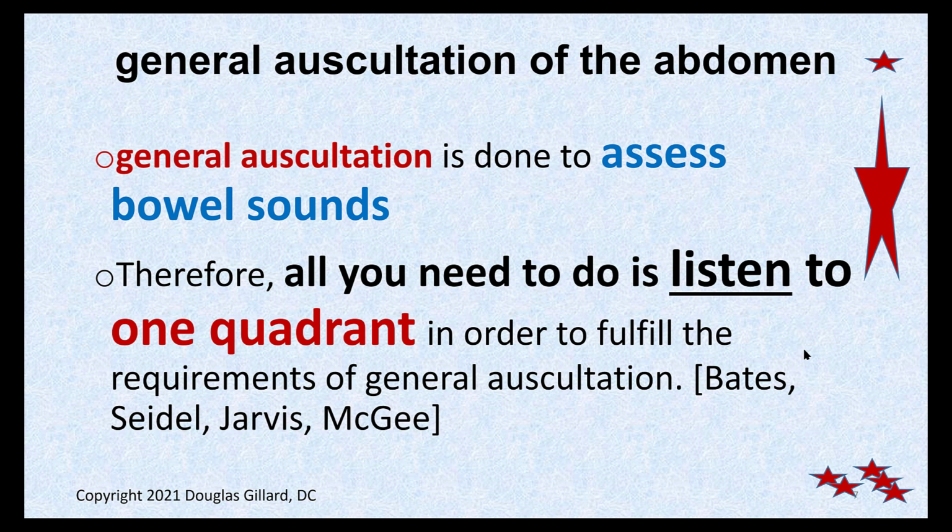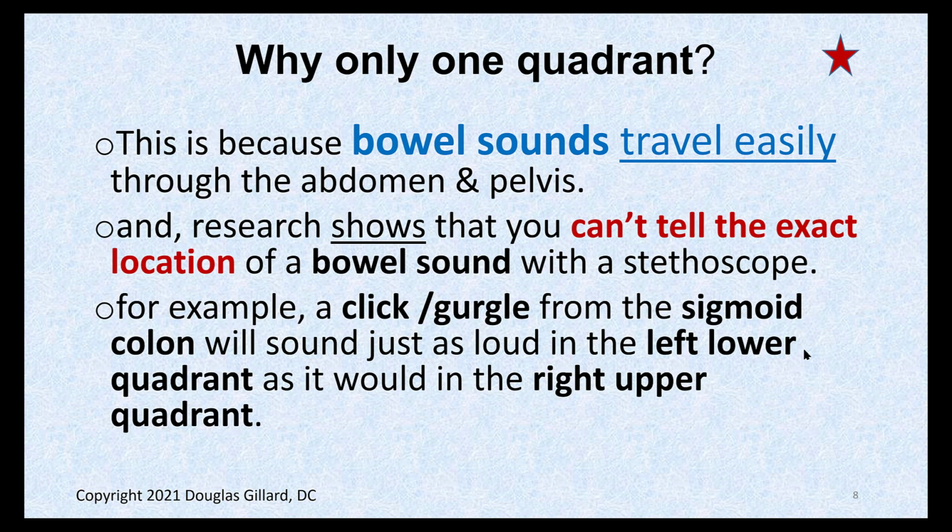The good McGee, they all say you just need to put the diaphragm in 1 quadrant, and that's it. We'll use the right lower quadrant just to keep things simple. But really, I can't mark you off for auscultating for bowel sounds if you choose any quadrant. But you don't go to more than 1 quadrant, and I know that's what you do, and there's no reason for that, as we'll see right now.